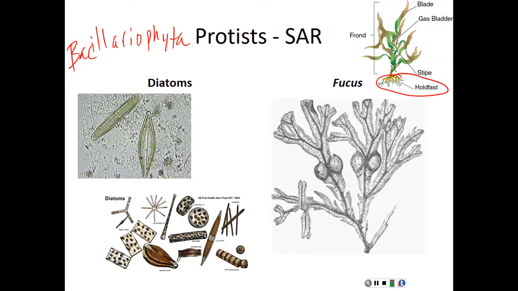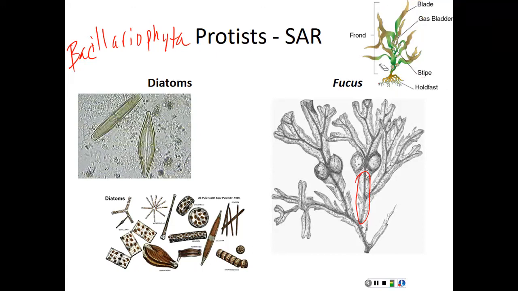We have what is called the stipe, which is a stem-like structure that plays a similar role to a stem in that it serves to hold up the photosynthetic organs. And then we have the blade, which is analogous to a leaf. It's thin, typically flat and broad, and its job is to intercept sunlight for photosynthesis.